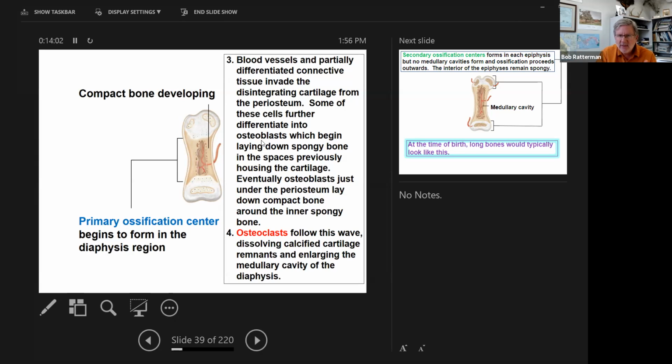And the osteoblasts, you know what they do. They build bone. And the first thing that they're going to lay down here initially is spongy bone, where there was cartilage. Eventually, other osteoblasts are going to lay down compact bone on the outside. So spongy bone's laid down first, then there's compact bone laid down just inside the developing periosteum.